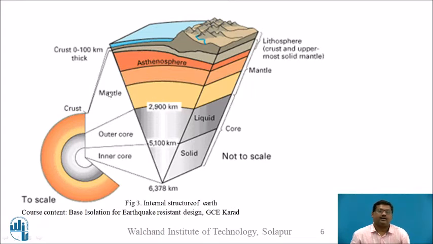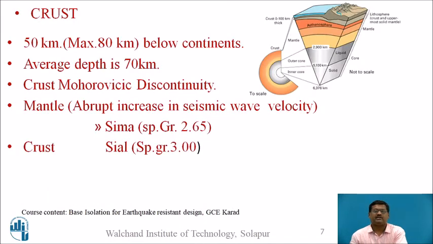And just see that this is crust, mantle, outer core, solid inner core. The radius of Earth is approximately 6,378 kilometers, and along that radius there are 4 layers. What is the thickness of the layer, what is the material content in that, what is the pressure, temperature, all these things we will see in detail in the next slide.